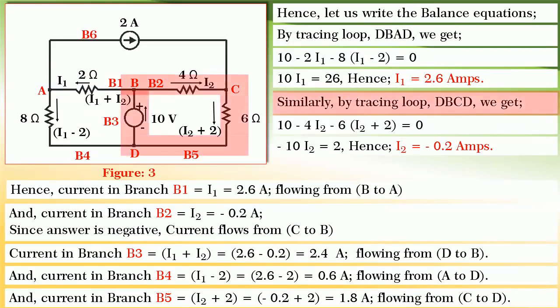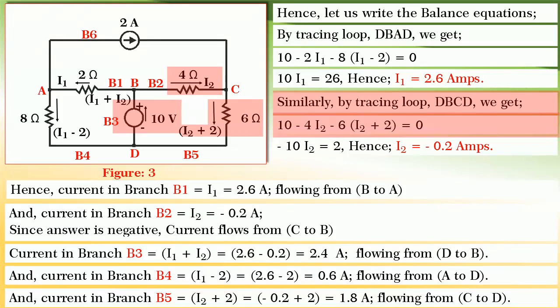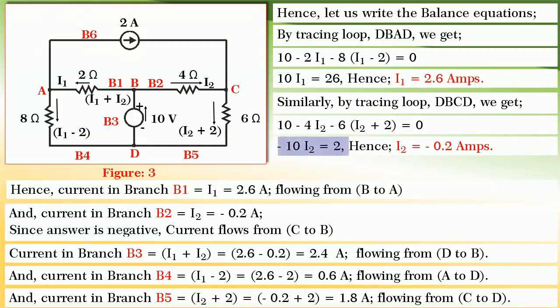Similarly, by tracing the loop DBCD and writing the equation, we get 10 minus 4I2 minus 6 into bracket I2 plus 2 is equal to 0. By rearranging, we get minus 10I2 is equal to 2, and hence I2 we get equal to minus 0.2 amperes.